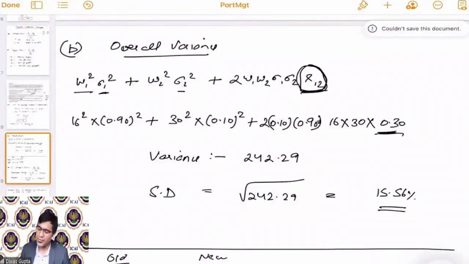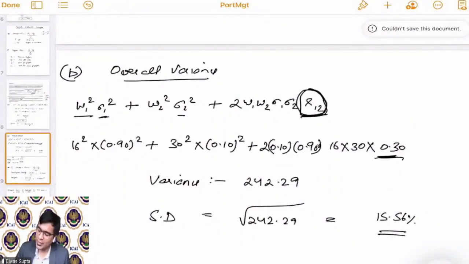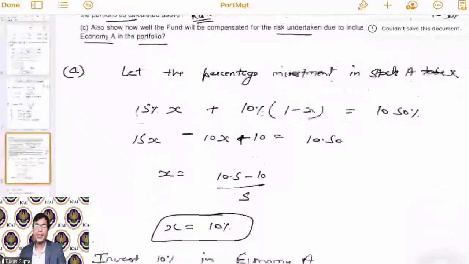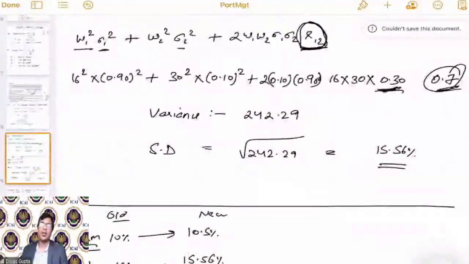If you put any other value than 0.30, let's say you put 0.70 here, the risk will be higher. And this is the technique that we have studied to make a perfect riskless portfolio: R should be -1.